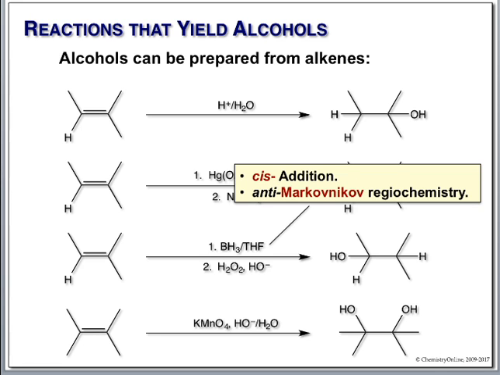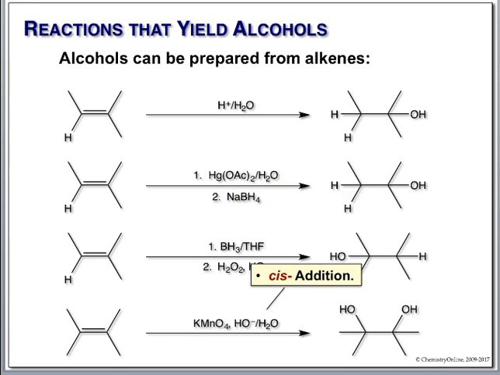And the last thing we should remember from 234 is if we have permanganate and an alkene, we can form a 1,2-diol. Now this is an intermediate manganate ester.